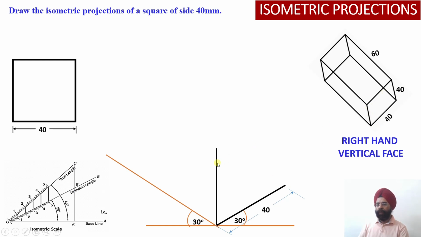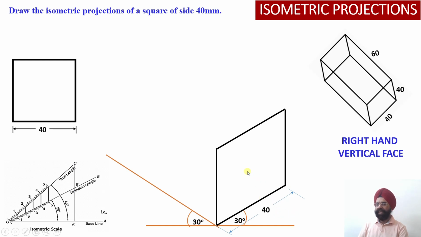Once I draw both of these edges onto the isometric axes, another couple of isometric lines are to be drawn parallel to these isometric axes so that the construction of the square face is completed. So this edge is again 40 millimeter parallel to the isometric axis. Similarly, this edge is again parallel to the isometric z axis over here. So this square face has been completed, which is visible from the right hand side.